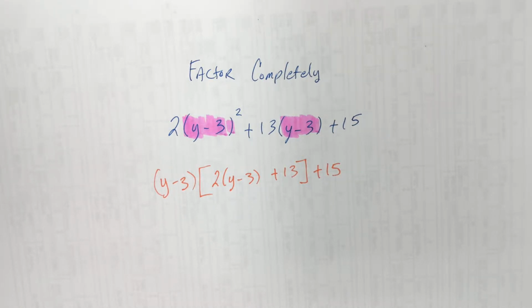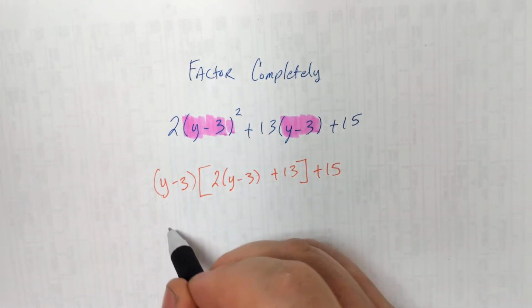Okay, so technically it's factored, but it's ugly, right? So I'm going to distribute this and clean up the inside and see if I can get something prettier. I've run into problems like this before. Let's go ahead and do this right here.